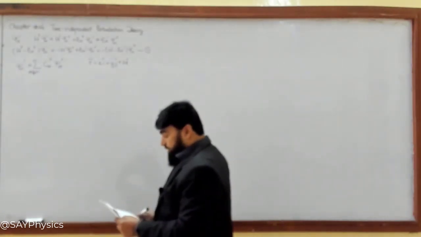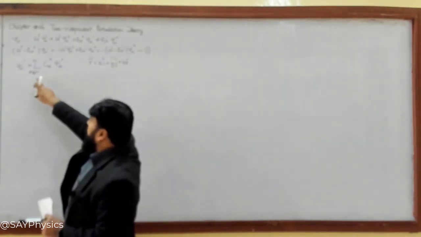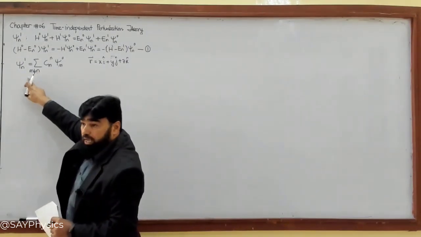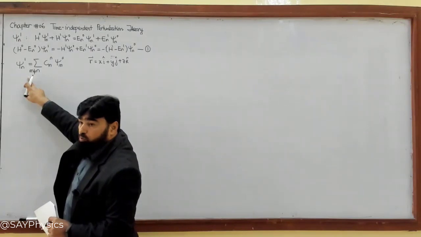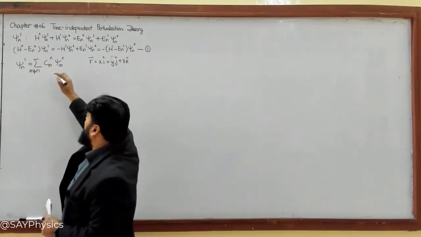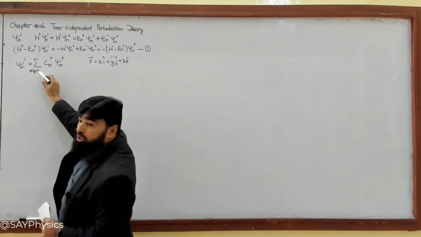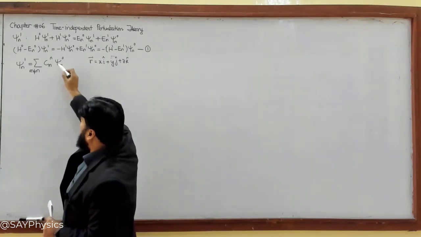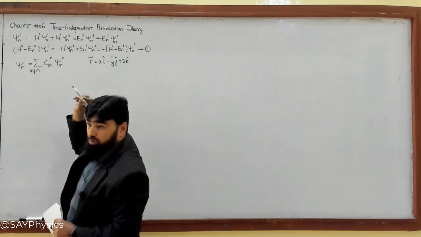Now, why am I not including n in the summation? The summation is on m, so m will be equal to 1, 2, 3, 4, and so on. What if I include the value n? It will become Cnn psi n0.